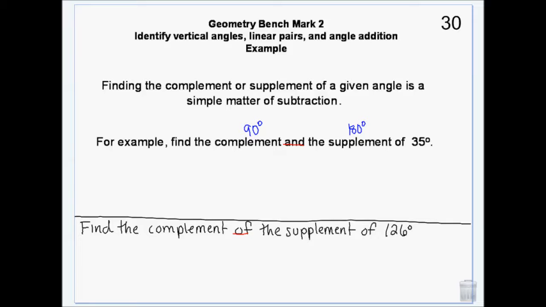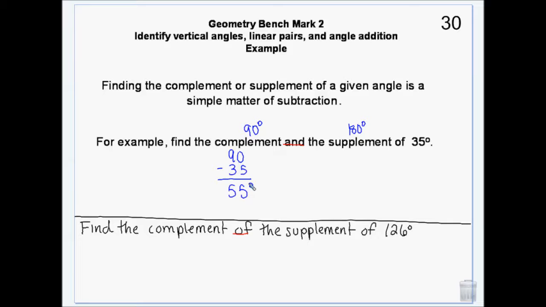First, we're going to find the complement. So we subtract. That's 55. So the complement of 35 degrees is 55 because they have to add up to 90. And you always subtract? Always subtract.